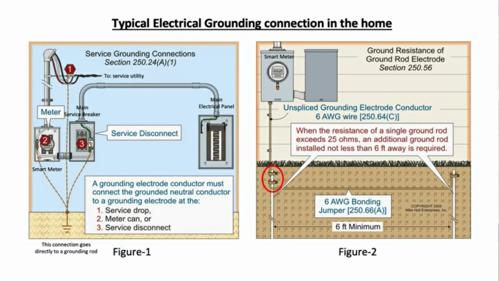You can see that depicted here. There's a 6-gauge bonding jumper going from the first ground rod over to the second one. It also shows that it needs to be about 6 feet apart, minimum. And this will hopefully get you below that 25 ohm range, which is what is needed in order to make a good quality grounding connection.